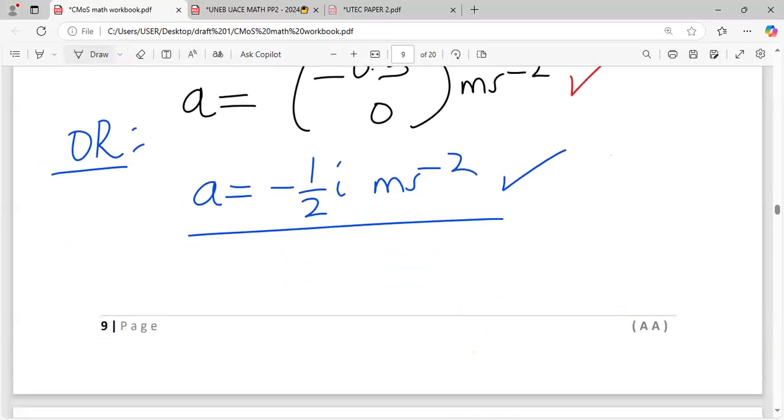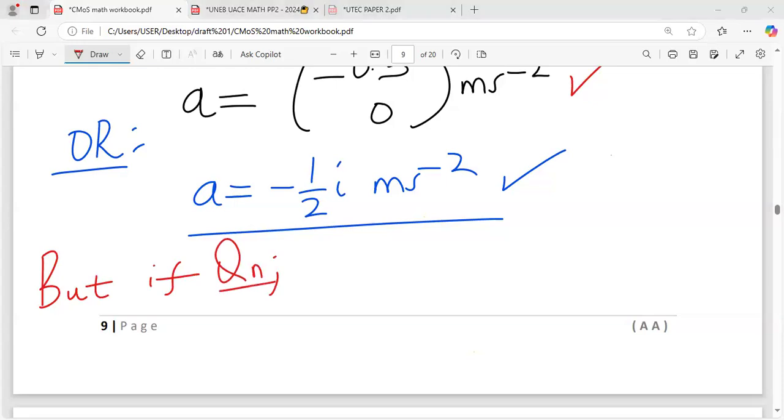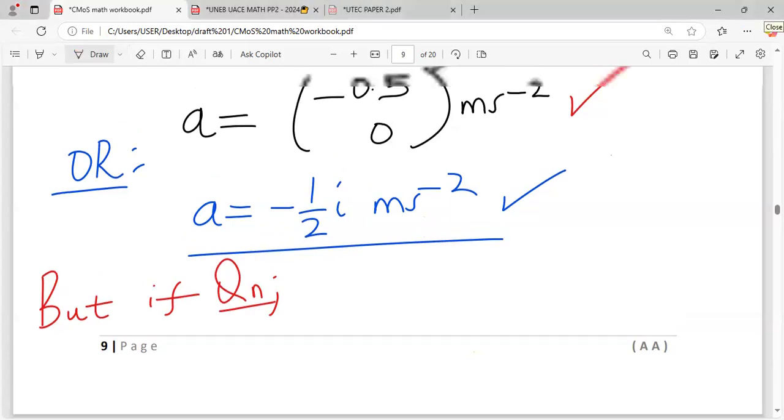But if the question had said magnitude, where did t equal to 2 come from? From the question. Where do we get a half at force?